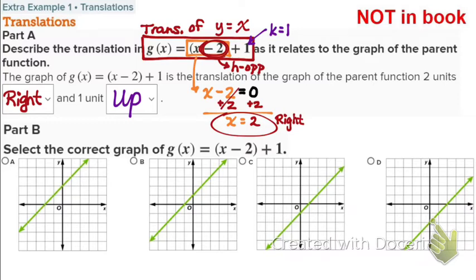That parent function looks like this. I got to figure out which one of these shifted it to the right 2 and up 1.